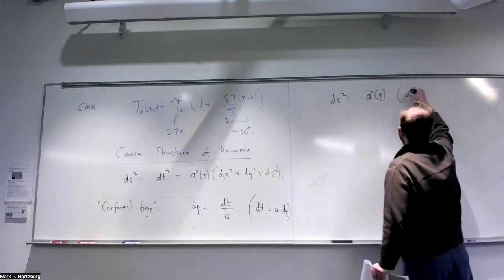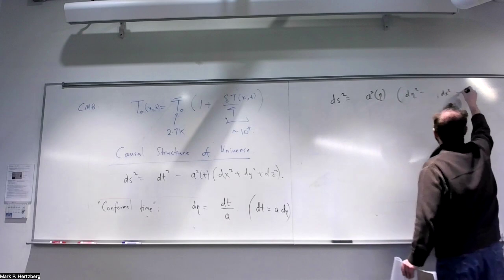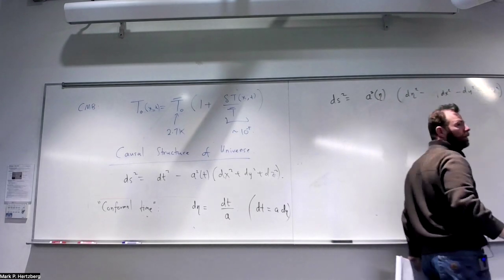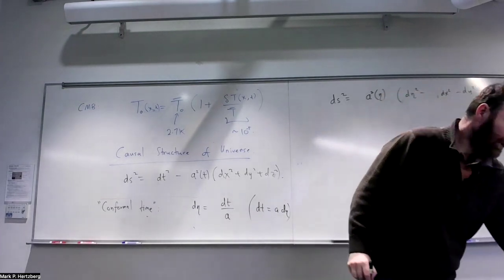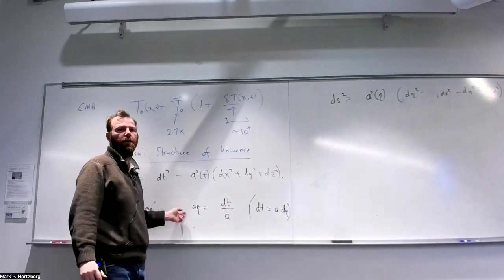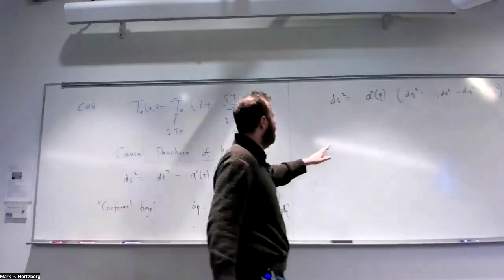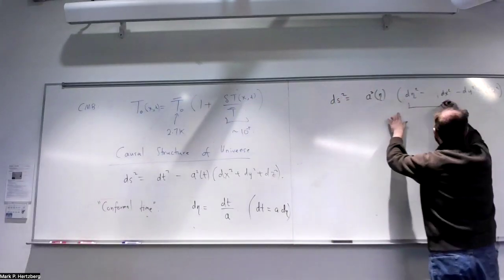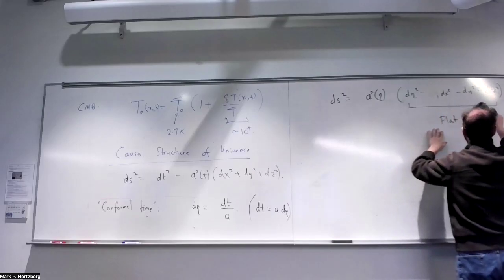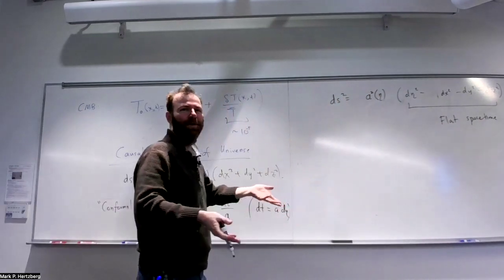And then I can write this thing. So with respect to this conformal time, the metric looks extra nice, because apart from a prefactor out front, this looks like the flat space metric. Looks like flat spacetime, except there's a prefactor. So it knows that it's the same universe.